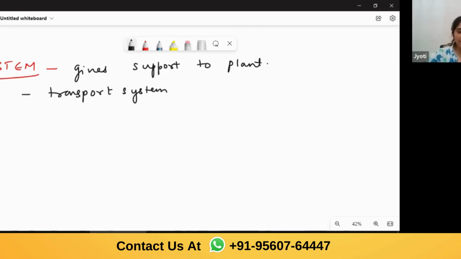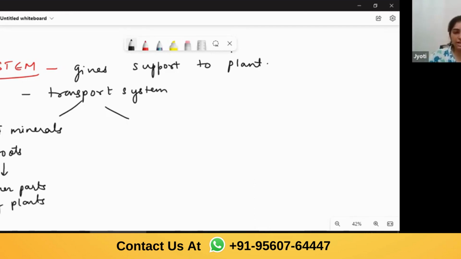Transport system is that it will transport the water and minerals from roots to other parts of the plant, and also it transports the food from the leaves. You all know that the food is prepared in the leaves. Yes, this you all know. To other parts of the plant.